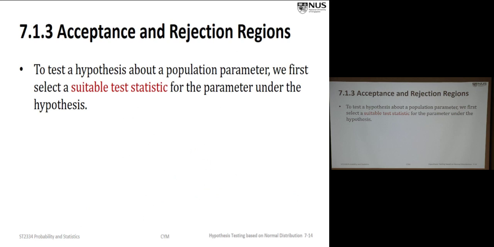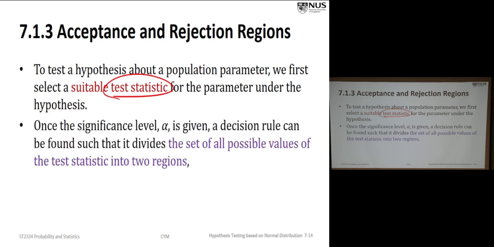So to make the decision, we need a suitable test statistic, and the test statistic we have already discussed in chapter 6. What we need is to specify alpha, the significance level, in hypothesis testing.